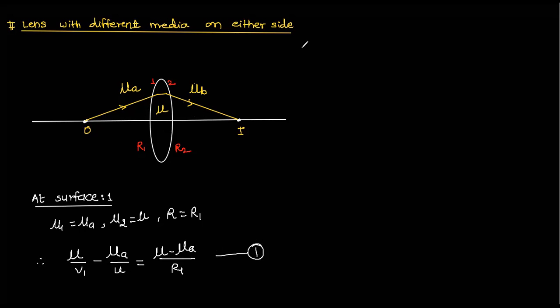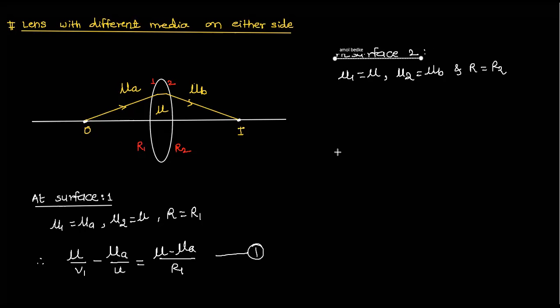And next, at surface 2, what we are getting: mu1 is equal to mu, next mu2 is equal to mu B, and R is equal to R2.